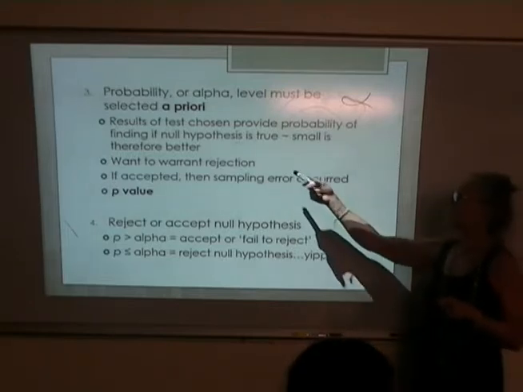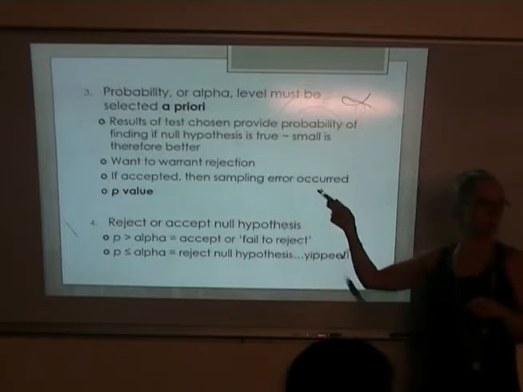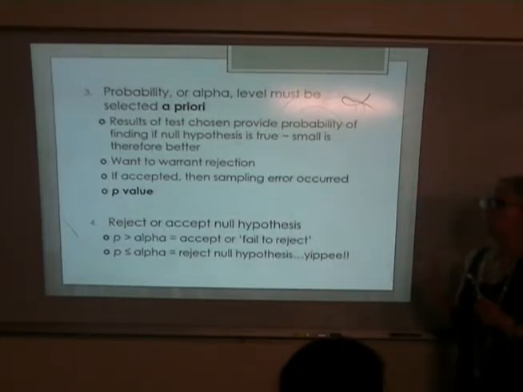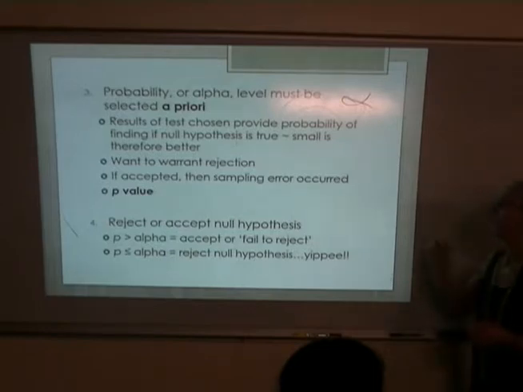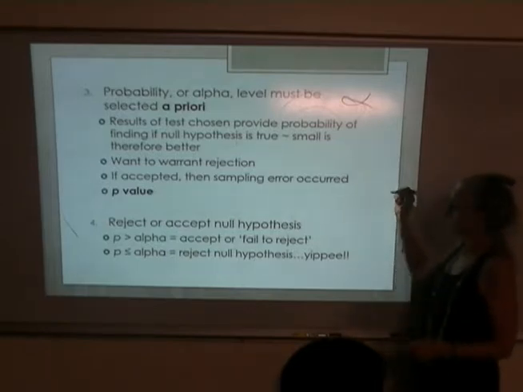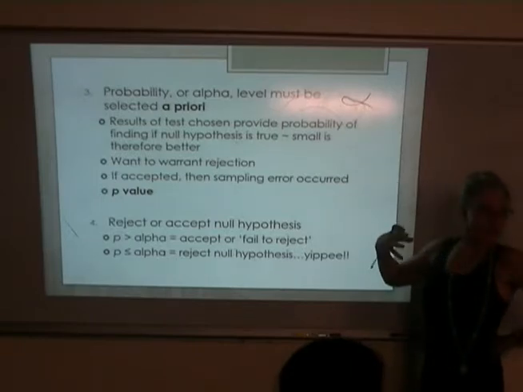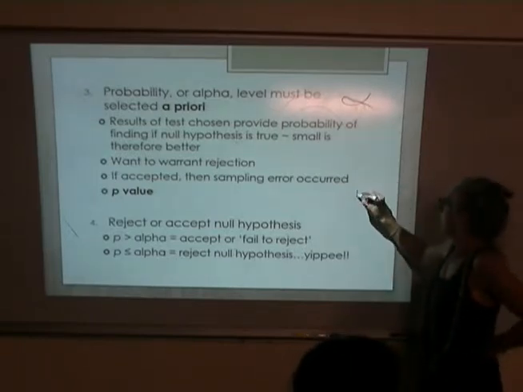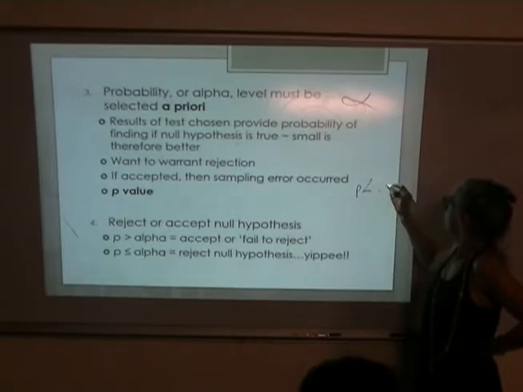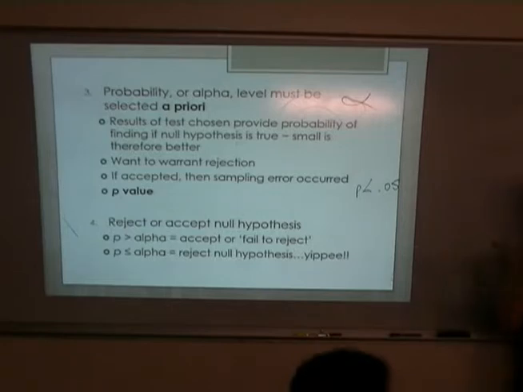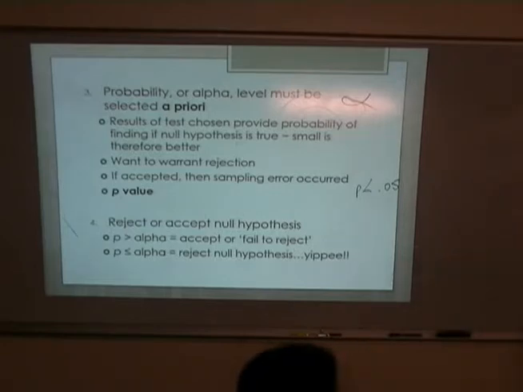We want to be able to reject the null hypothesis. Okay. So my p-value, for our kind of study, p is usually less than 0.05. That means I have a 95% probability of being able to reject the null hypothesis.